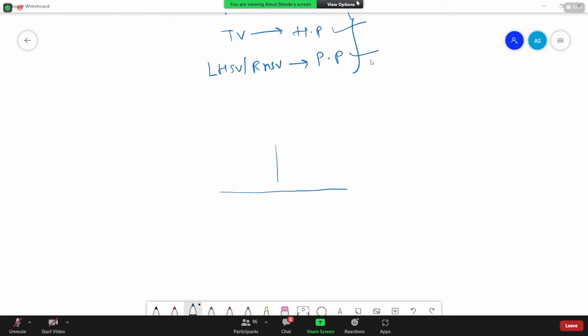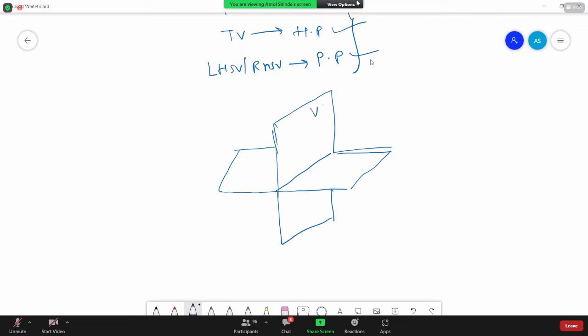This is the XY plane, or XY. This is one plane. This is another plane. So basically this particular space is divided into 4 quadrants.